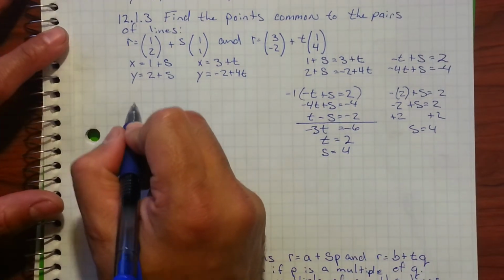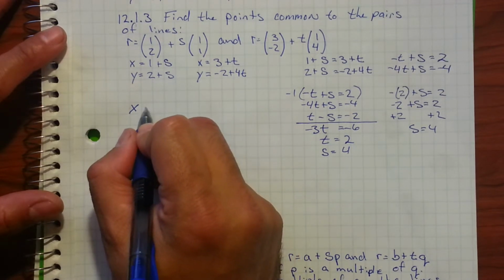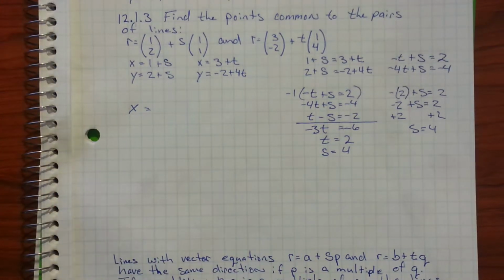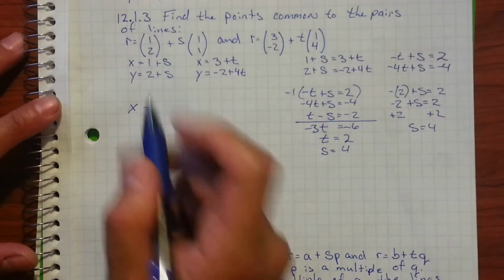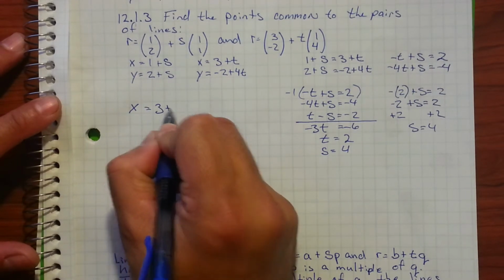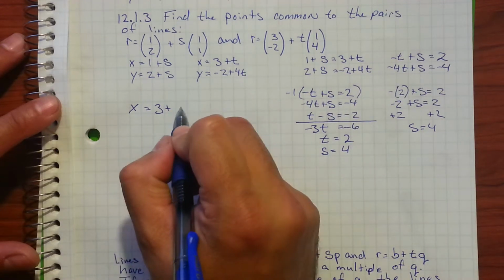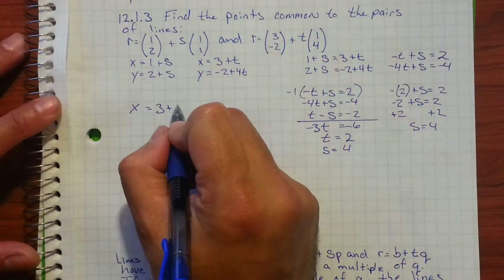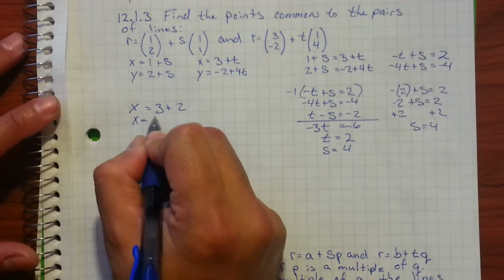So my x is equal to 3 plus, now t is 2, so it's going to be 2 times 1, it's going to give me 2, so I get x is 5.